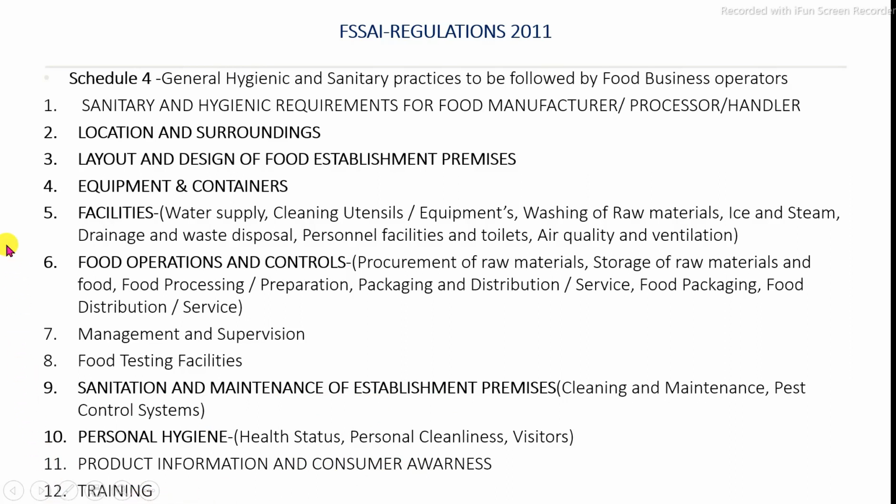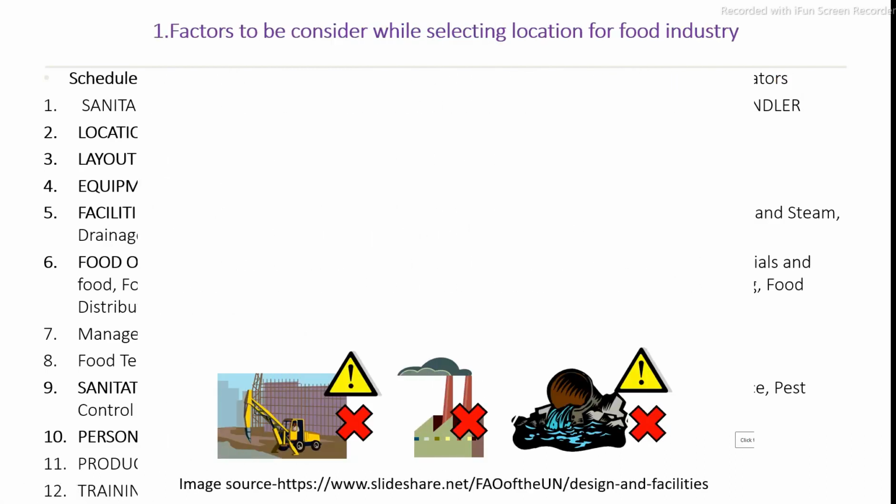These are all points that must be followed, and the guidelines are given with respect to the specific industry as per the Food Safety and Standards of India for food business operators. These points are discussed in four parts.